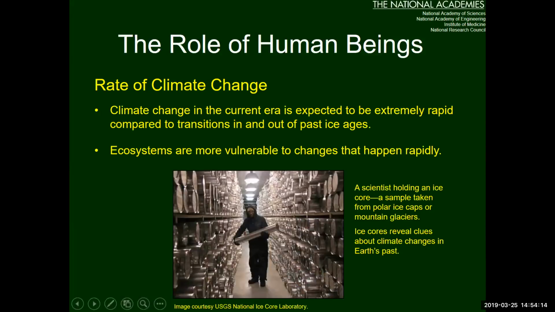Before we close, we want to note that the rate of climate change is accelerating. And importantly, we only have a couple of decades to get ahead of the effects of climate change on plants and animals, which include the plants and animals that feed us.